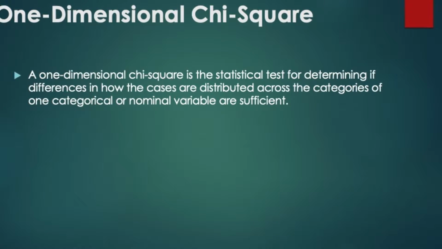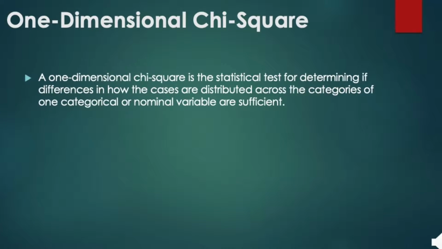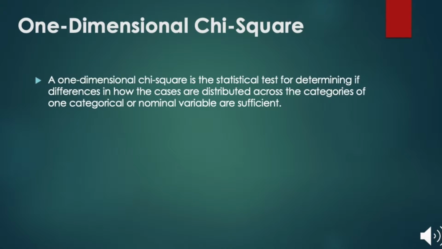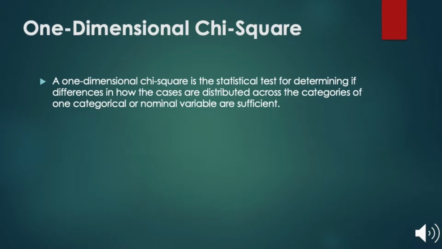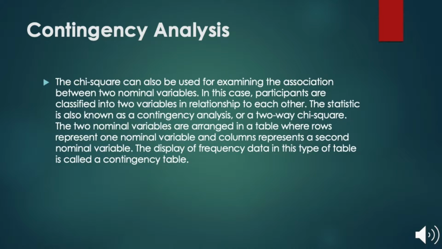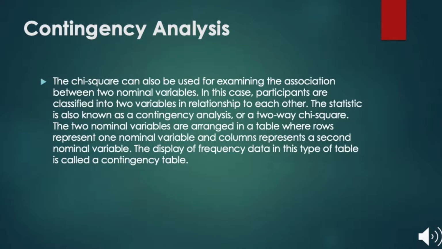One-dimensional chi-square. A one-dimensional chi-square is the statistical test for determining if differences in how the cases are distributed across the categories of one categorical or nominal variable are sufficient. Contingency analysis. The chi-square can also be used for examining the association between two nominal variables.